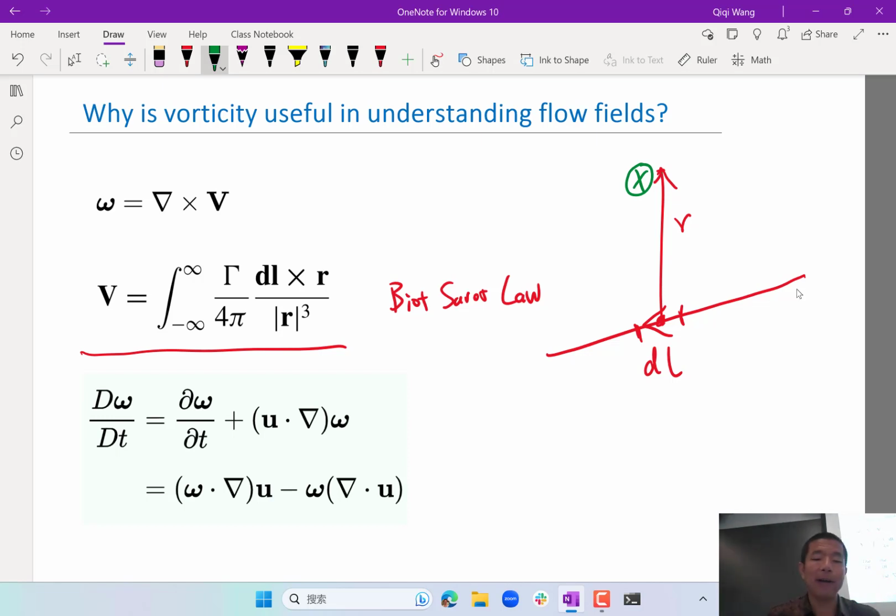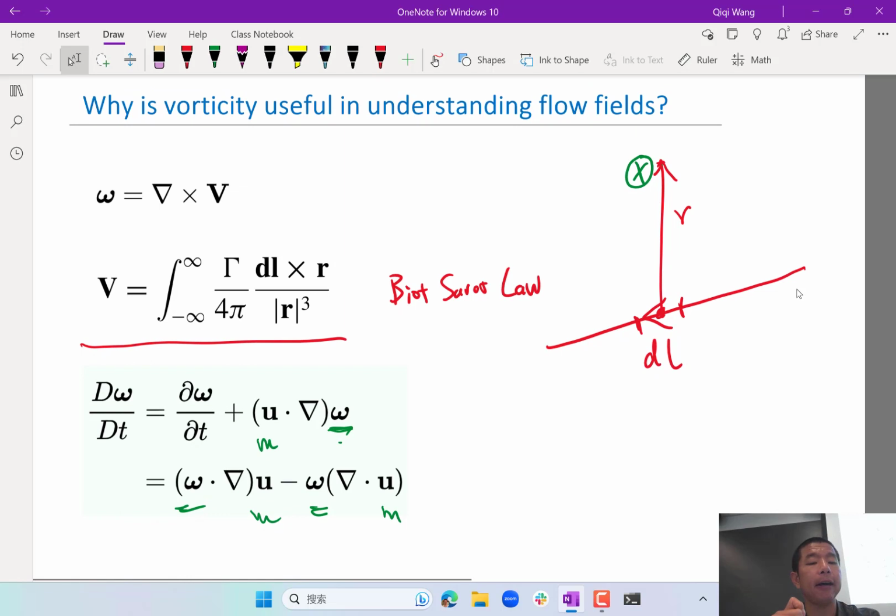As you can see, the movement of the vortices is determined by both the vorticity omega and by the velocity field, which can be computed by the induced flow field, right? So if you understand the flow field around the vortices, then you can know how the vortices themselves are going to move. Let me spend a little bit of time telling you what this equation is about.